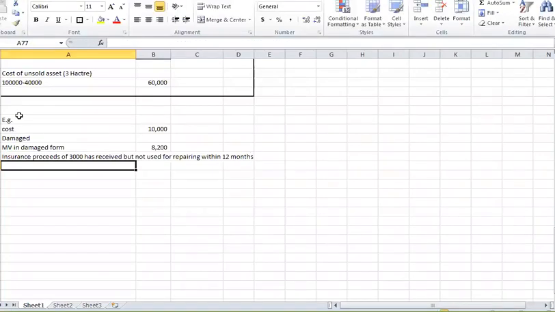So we have received £3,000 from the insurance company, and we have not used the £3,000 for repair. We have kept this money in our pocket. So how do we calculate gain or loss in this situation?